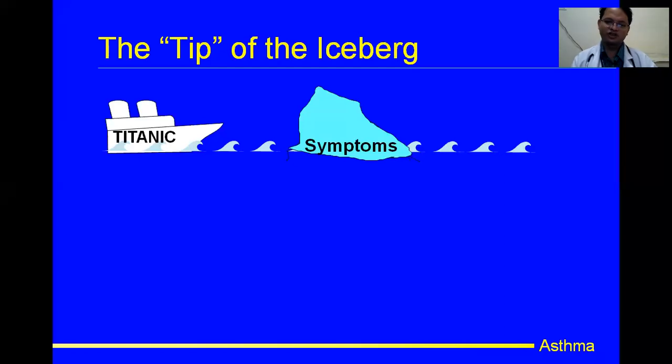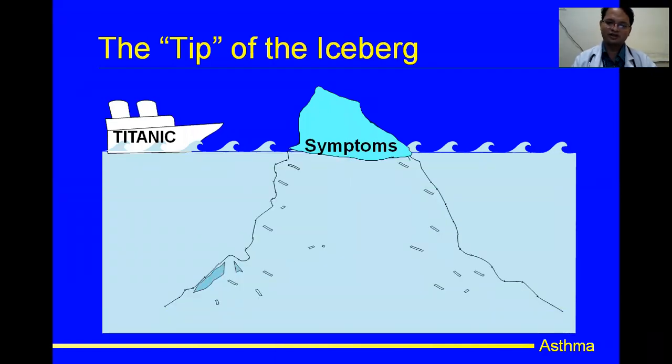If we look into this picture, there is a big mountain which is obstructing the mighty ship Titanic, and this mountain is constituted by symptoms. Before the symptoms emerge, underneath the sea, there is a big mountain of complaints forming.